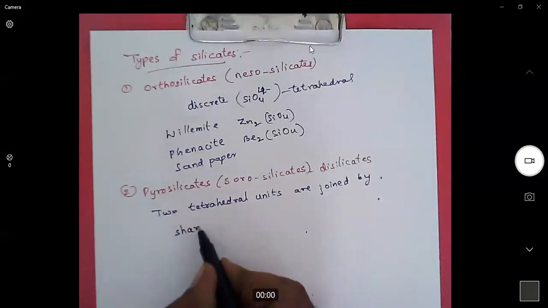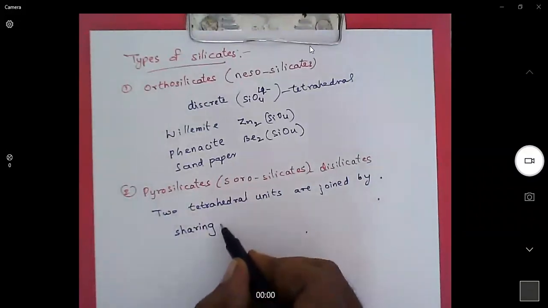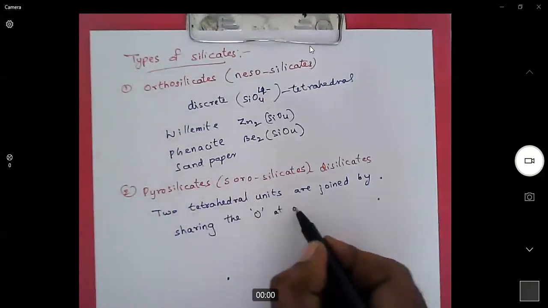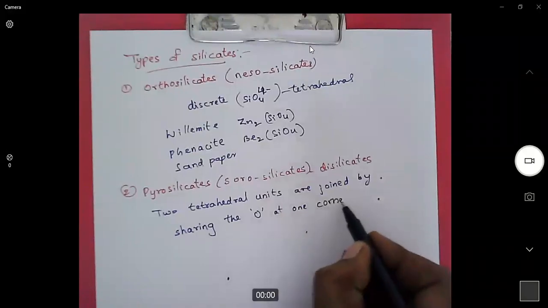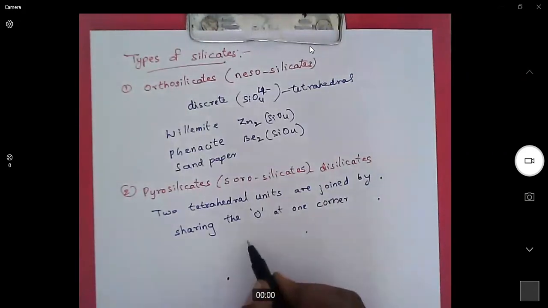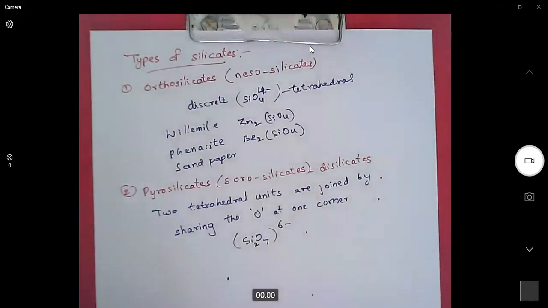The 2 tetrahedral silicate units are joined together by sharing one oxygen at one corner. So in each tetrahedral silicate, only one oxygen will be shared. Its general formula is Si2O7 6-. And of course, these are very rare. They exist very rarely in nature.